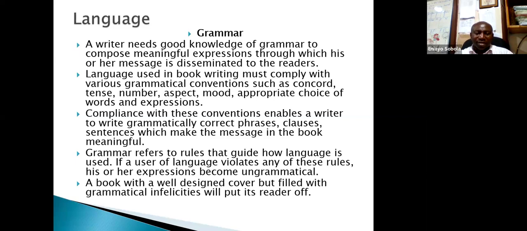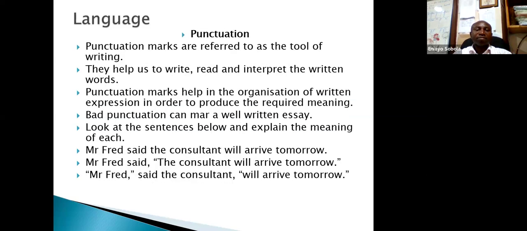You should know the reason why you choose a particular word, a particular adjective to modify a particular noun, a particular adverb to modify a particular verb, and a particular subject to go with a particular verb. And if there is a complement, a particular complement, each item must be accounted for. But if you just write, you can't account for the word you are using, you may not achieve the goal of writing the text.